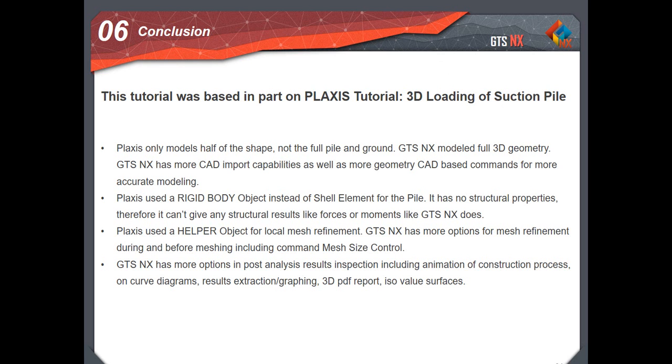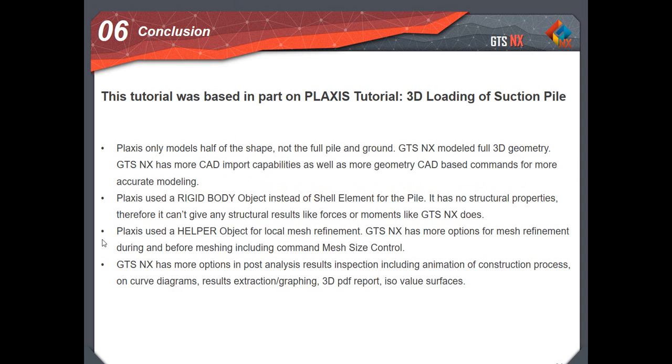This is something common for models in Plaxis. They have very simplistic options for the shapes they can do, whereas we can do any kind of complex geometry, especially with our CAD compatibility. It's very handy for companies to just do their full geometry model in AutoCAD and import it directly to GTS and just start meshing.